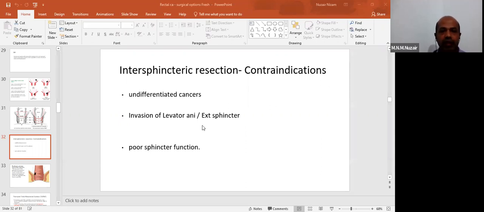At the same time, if the tumor is involving the levator ani or external sphincter, then we can't do the intersphincteric resection. We have to do the abdominoperineal resection. And obviously, if there is poor sphincter function, we can't remove the internal sphincter. That will cause incontinence. So then we'll have to consider APR.